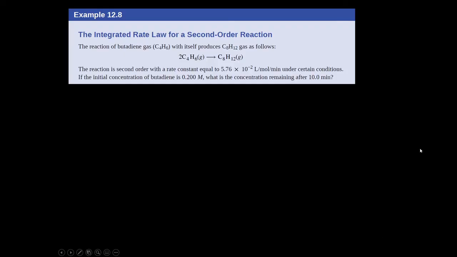So this question asks, the reaction of butadiene gas with itself produces C8H12 gas as follows. The reaction is second order with a rate constant equal to 5.76 times 10 to the negative 2, 1 over molar minutes.